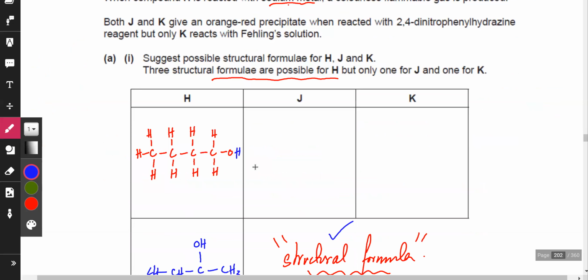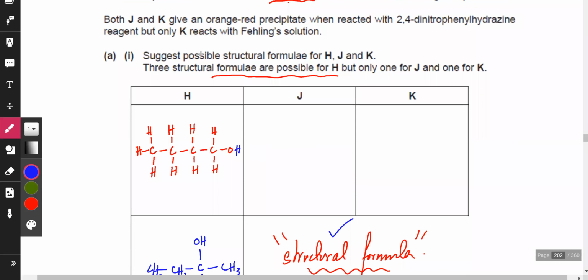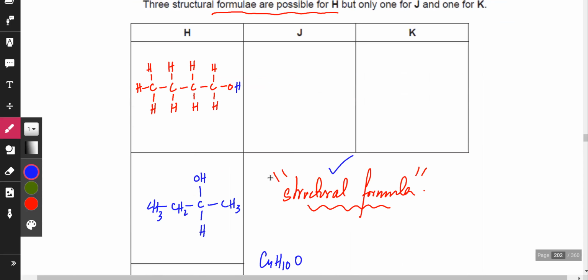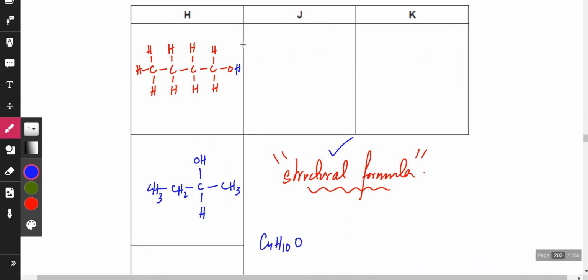Okay, now they're saying suggest possible structural formulas for H, J and K. The only possibilities are these two: the OH could be at the fourth carbon atom, or it could be on the second carbon atom. Because if you attach an OH over here, it's going to be the same thing.